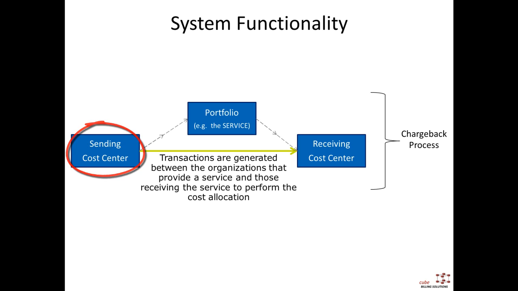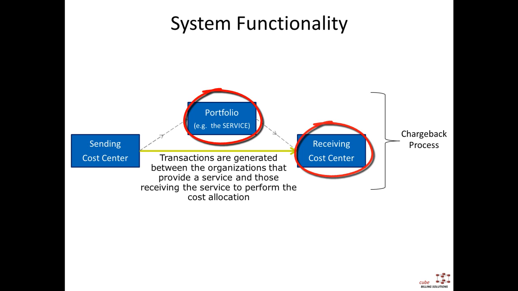You have organizations which consume that product or service, which would be the receiving cost center. And you have the products and services themselves, which is highlighted here as the portfolio. Portfolio may be a catalog, it may be the things you use on a day-to-day basis to run your business, but it's what the output is of the delivery organizations. These three components are the primary drivers within any chargeback process.